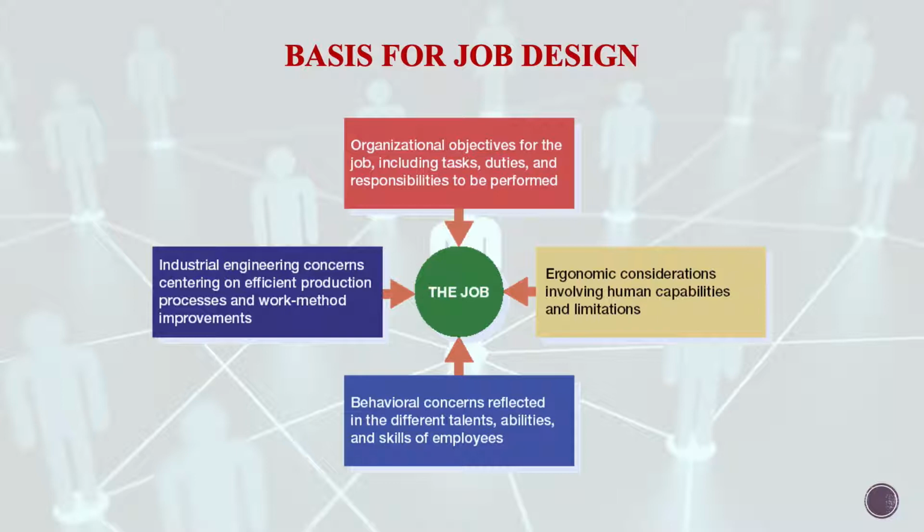And then behavioral concerns reflected in the different talents, abilities and skills of employees. And then industrial engineering concerns centering on efficient production processes and work method improvements and so on. So these are the four major components, bases or factors which we need to consider whenever we are going to do the job design.